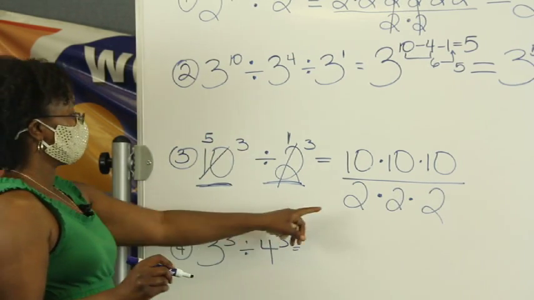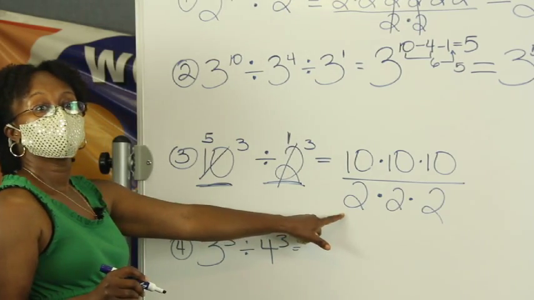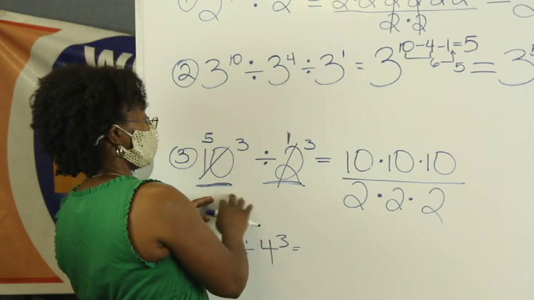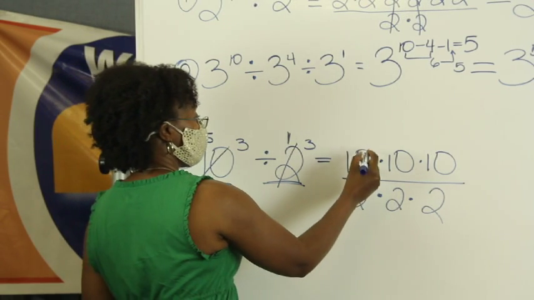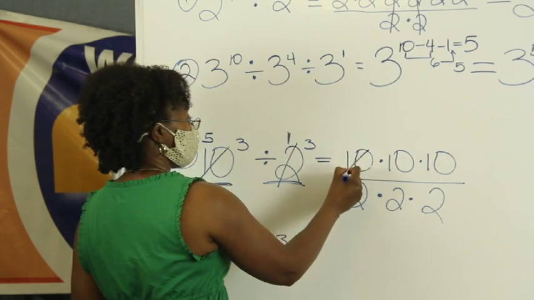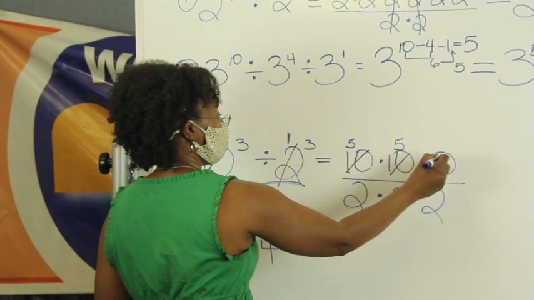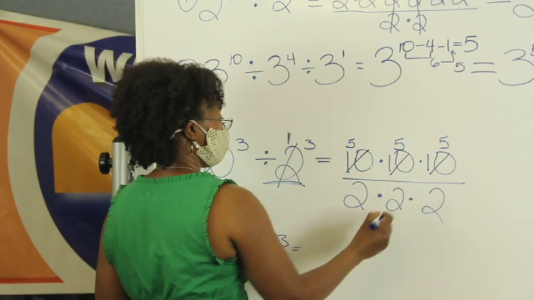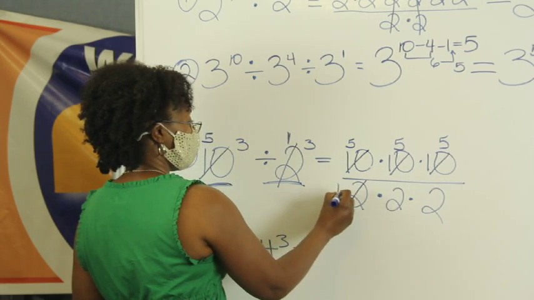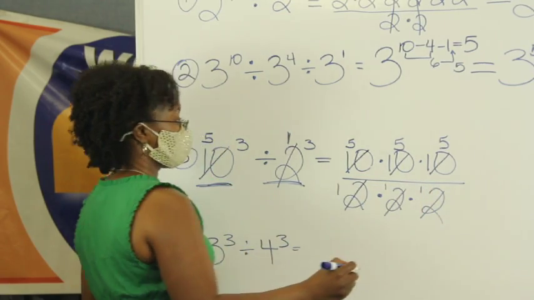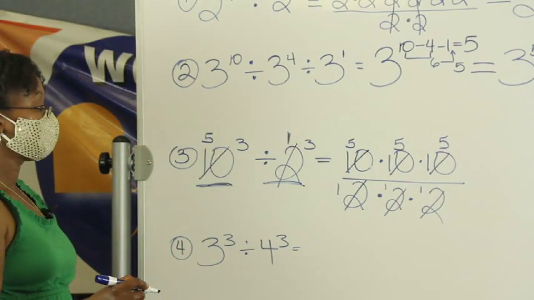So couldn't you do that over here also? Same thing, right? As long as you do the same thing to each one. So you could say 5 here, 5 here, 5 here, 1 here, 1 here, and 1 here, right?